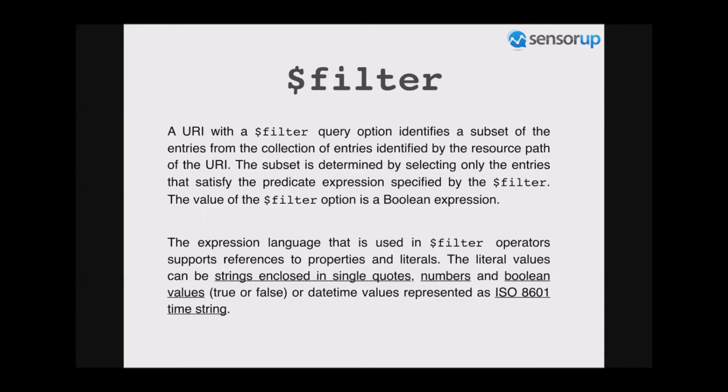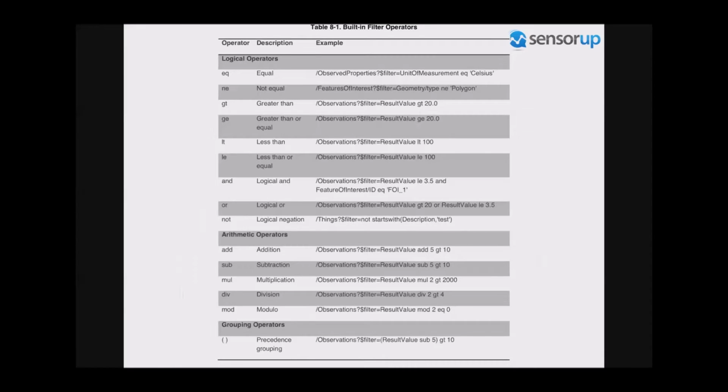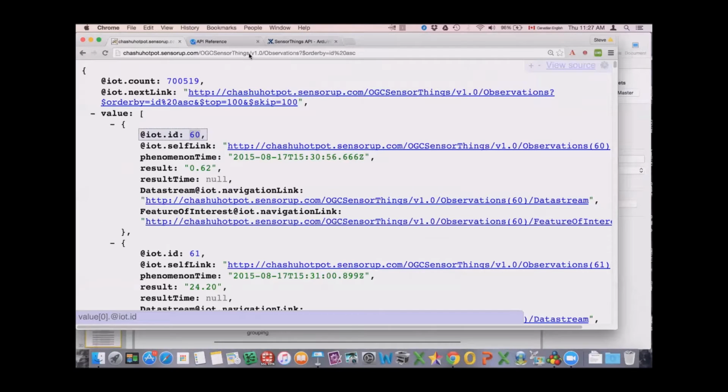Okay. Next one, filter. So filter basically is the query function. It allows you to filter with the query options. For example, this table shows you some of the logical operators supported by the SensorThings API, allowing you to do some filtering. So I'm going to show you some examples. Let's do observation, I guess.